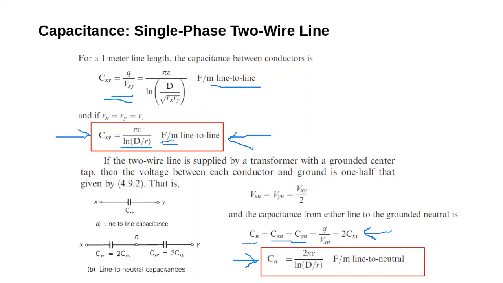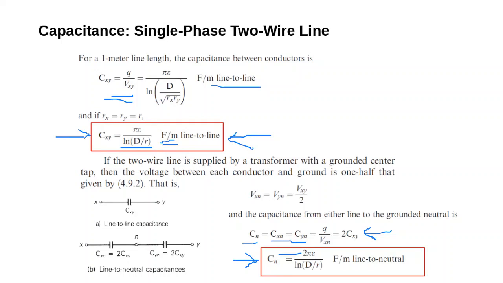Therefore, it will be 2Cxy. So the capacitance to neutral is double the capacitance from line to line. The capacitance to neutral is higher than the capacitance line to line. That's why you will have 2 here.